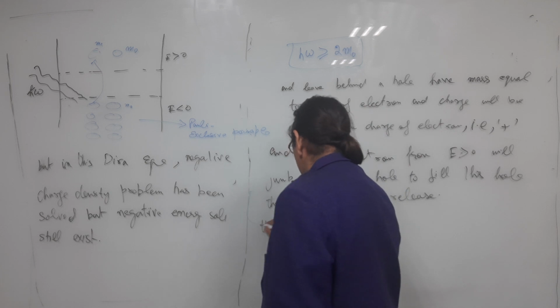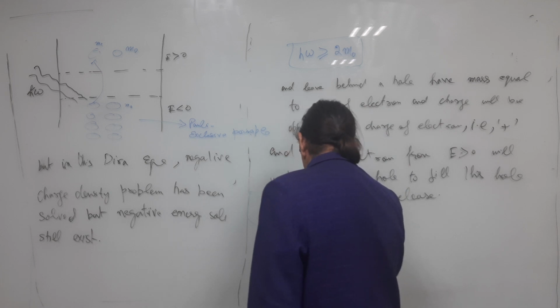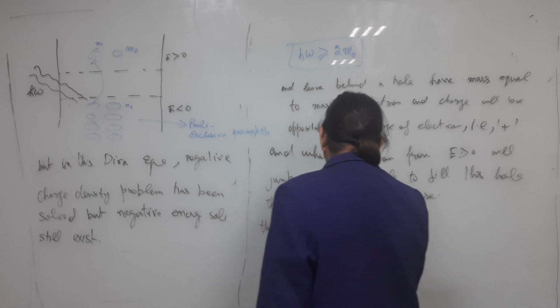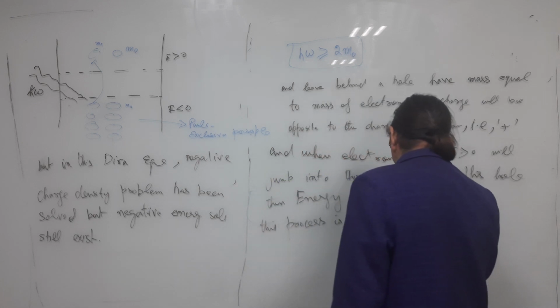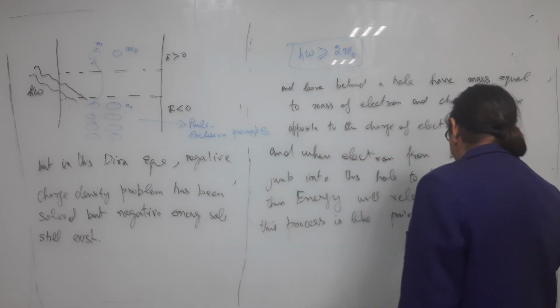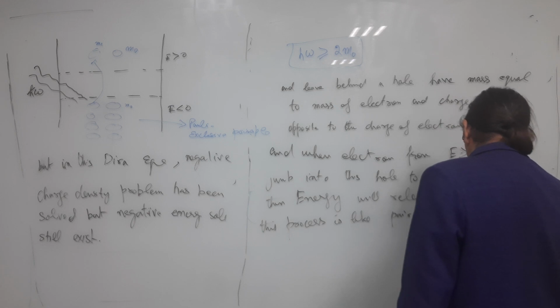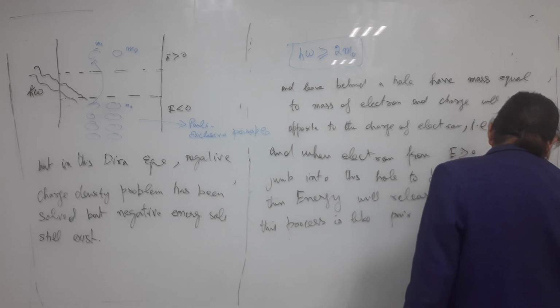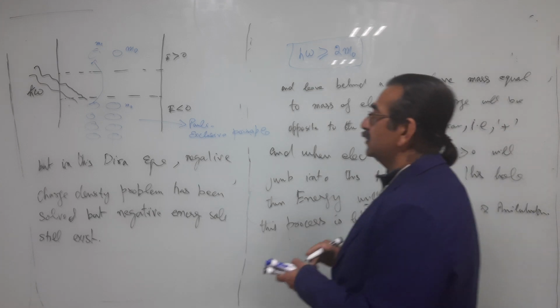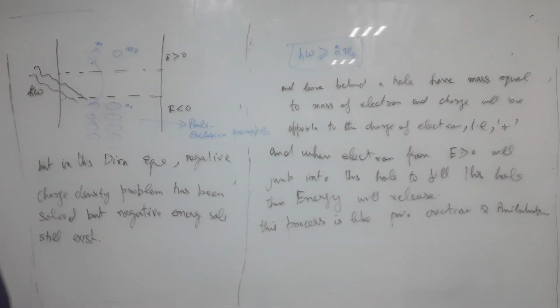This process is like pair creation and annihilation. So this was the idea of Dirac.